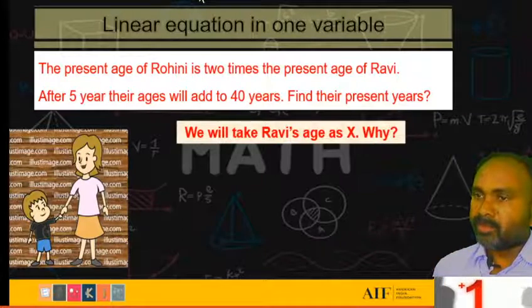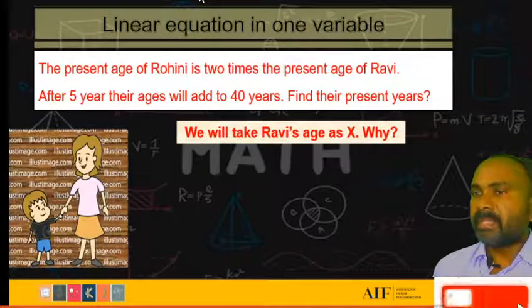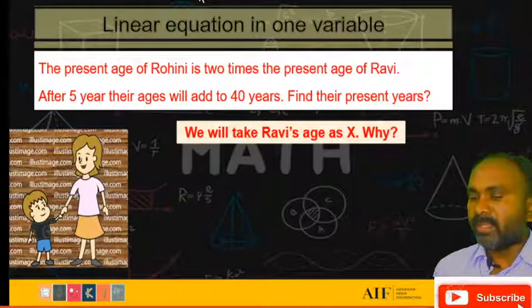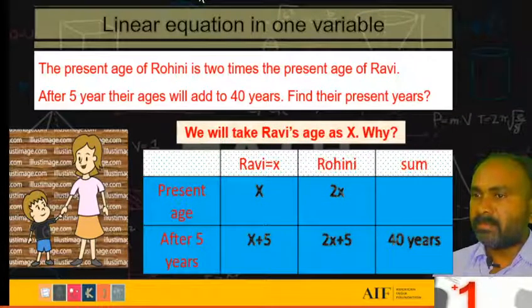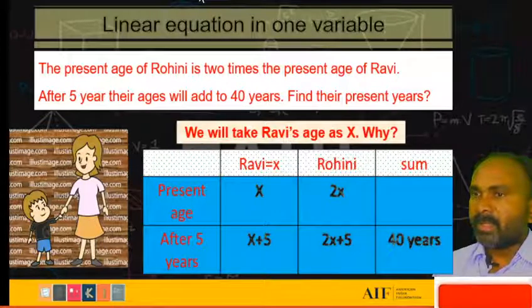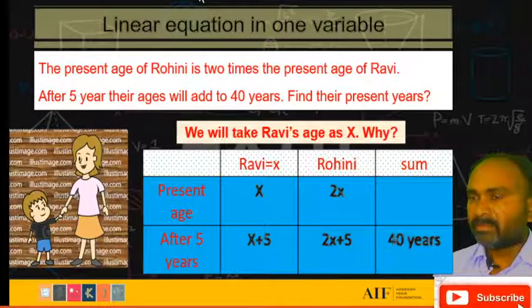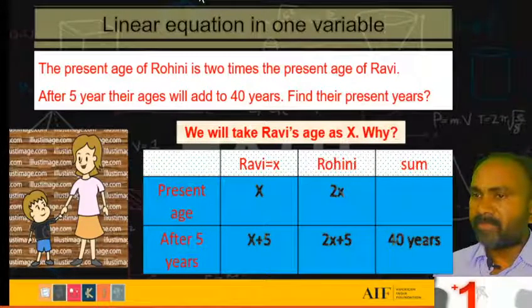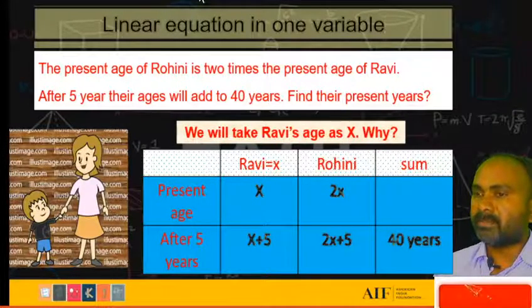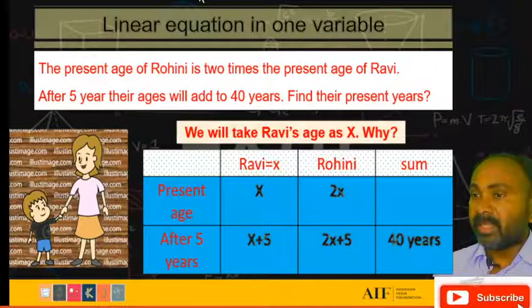We should know Ravi's age first, so we take Ravi's age as x. Here in the table, Ravi's present age is x, and Rohini is 2 times Ravi, so 2 into x.